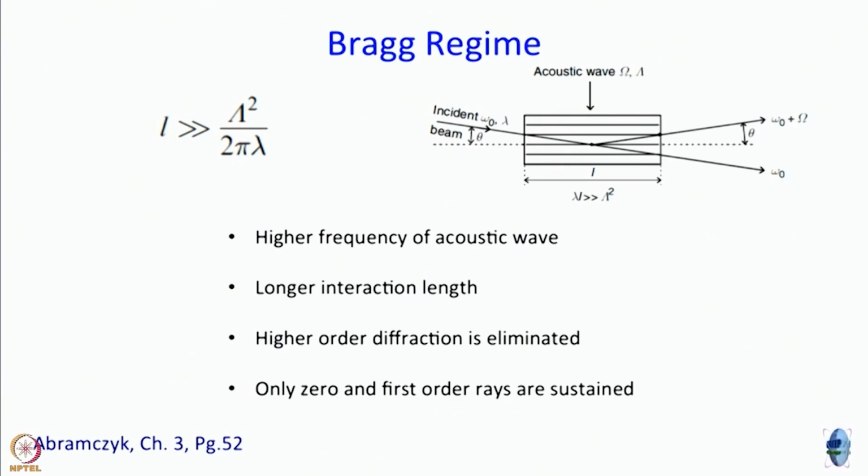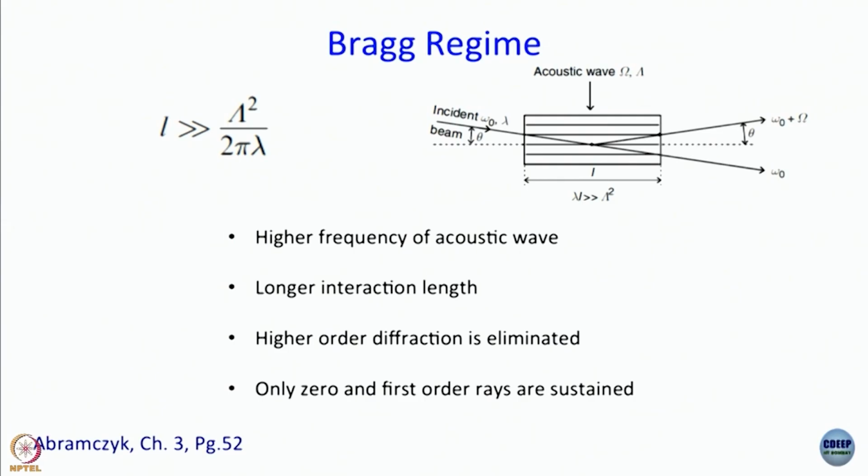In case of cavity damping, I think we have discussed it in the previous module as well, we have to operate this AOM in the so called Bragg regime, and Bragg regime means L, the thickness of the medium, is much greater than capital lambda squared by 2 pi lambda.